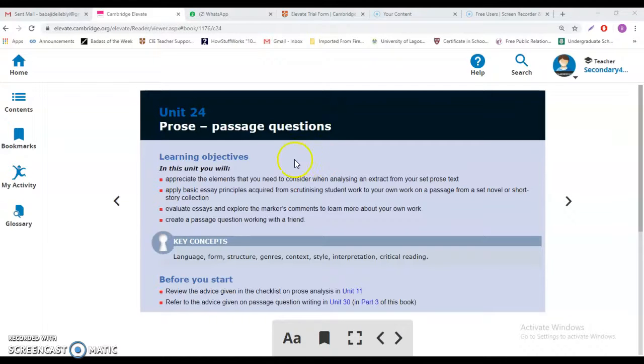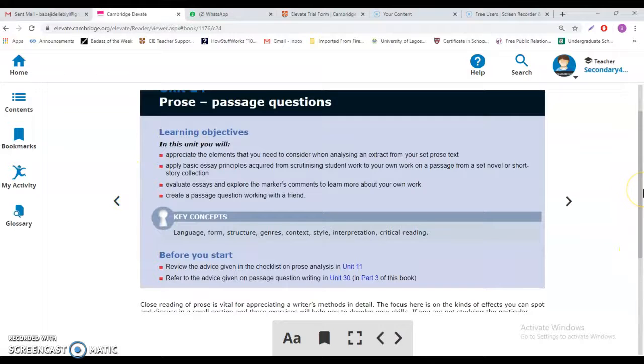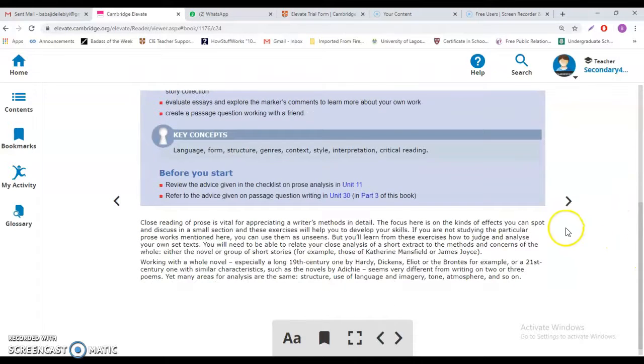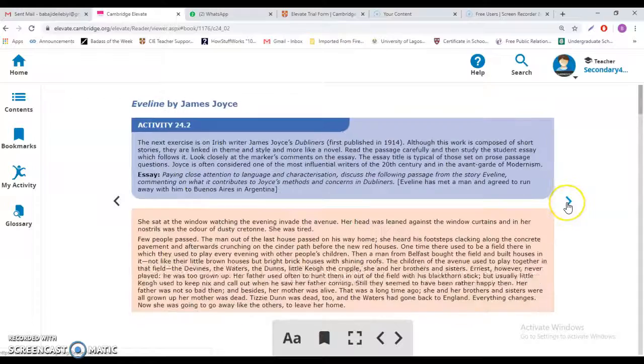As you can see here, it's Unit 24, passage questions. I found a similar plan, actually two plans, that I want to combine into one that we can apply in class. So I'll just scroll to this page.